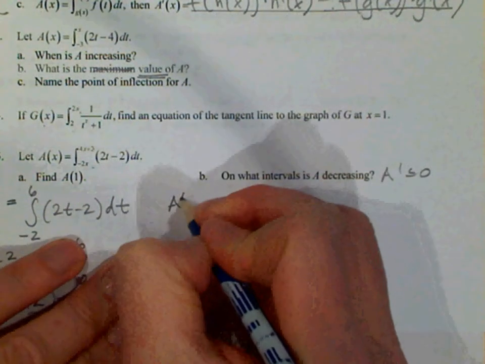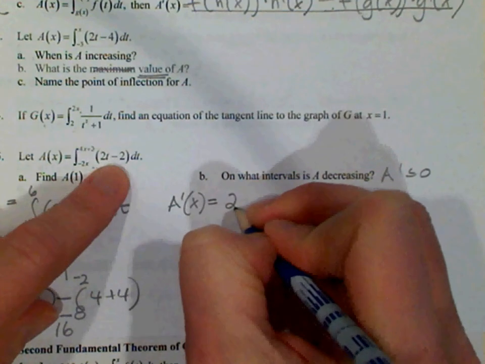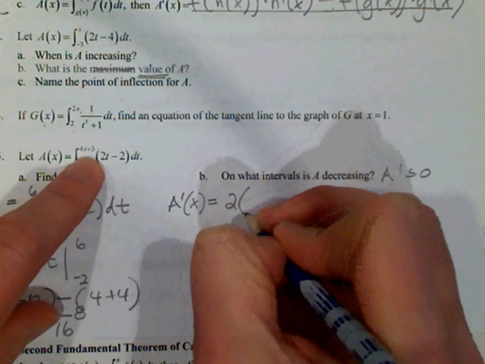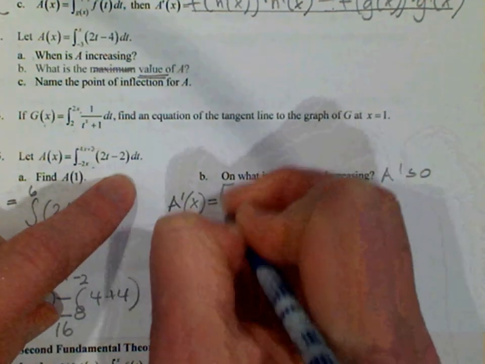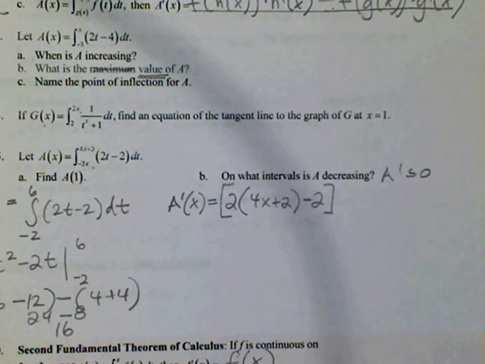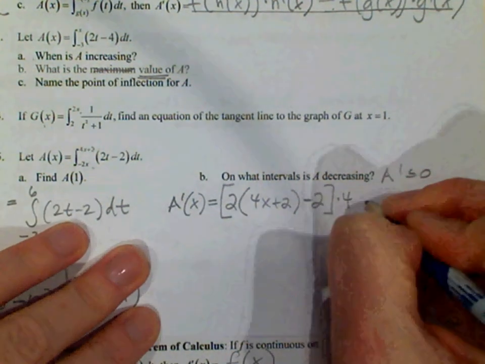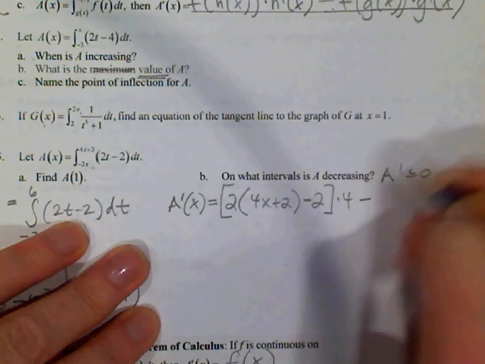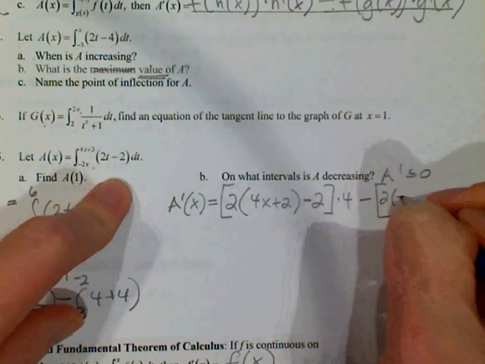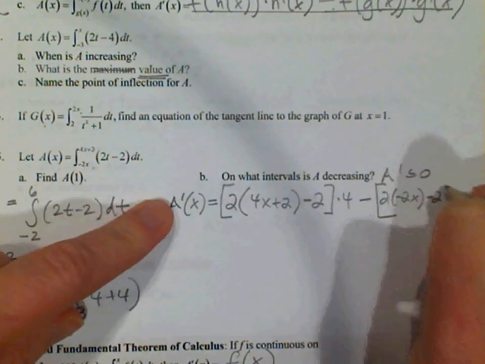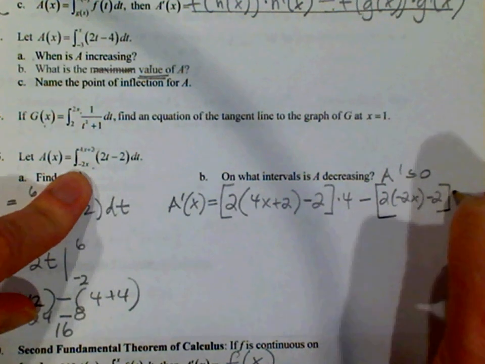A prime will be equal to 2 times t, but in t we're going to substitute in 4x plus 2 minus 2, so that function, times the derivative of 4x plus 2, which is just equal to 4, minus, substituting in a negative 2x, I'll have 2 times negative 2x minus 2 times the derivative of negative 2x, which is times a negative 2.